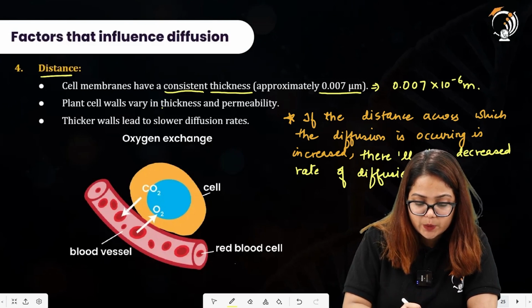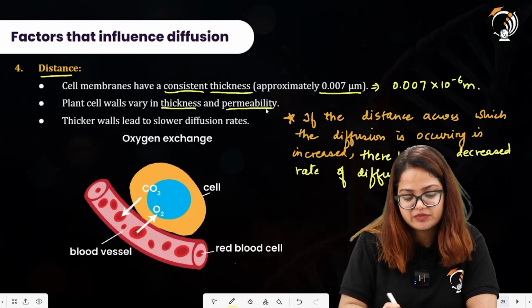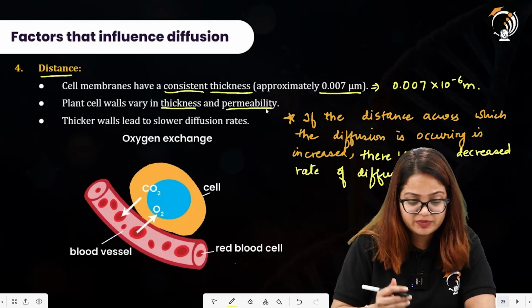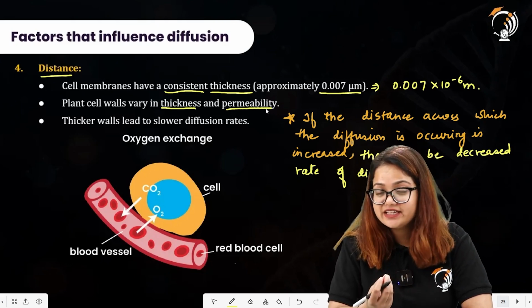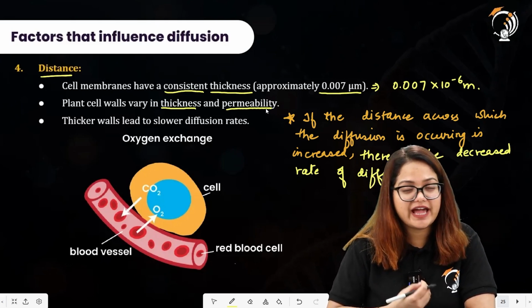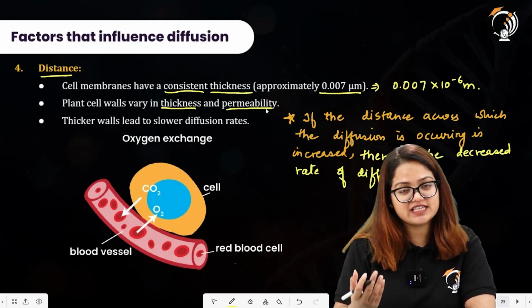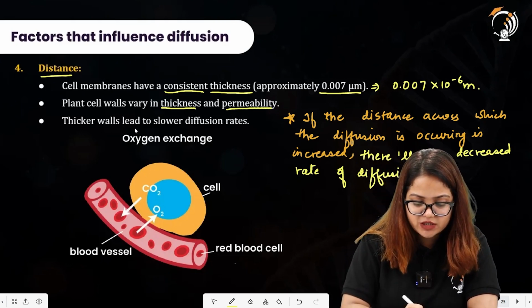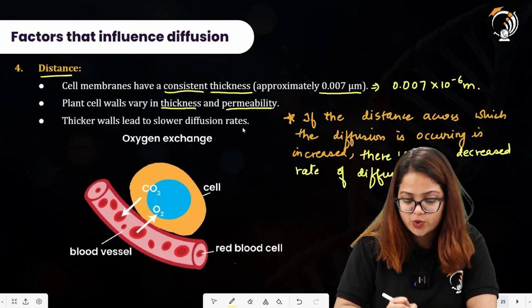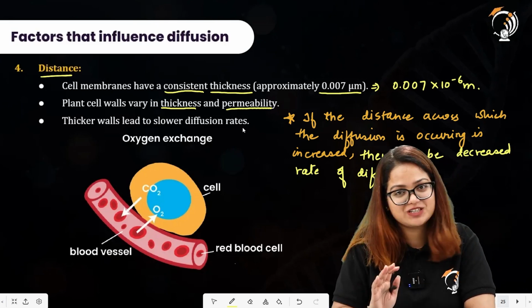Plant cell walls vary in thickness and permeability. Alright, so plants have highly thickened walls and less thickened walls, and on the basis of the thickness of their cell walls, the diffusion rate is affected. Thicker cell walls lead to slower diffusion rates. I hope this is understood by you all.